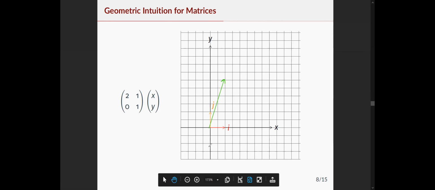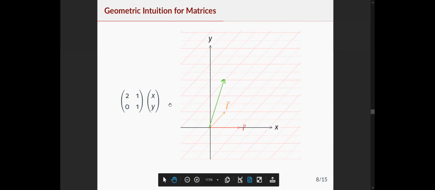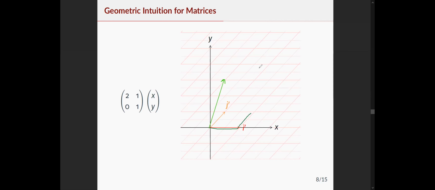When mapped using this matrix, the i and j move, and where does the vector move? The vector moves as if these were the basis vectors. So if it's (1, 3), you go 1, then you go 3: 1, 2, 3. So the image of this vector goes here, right?